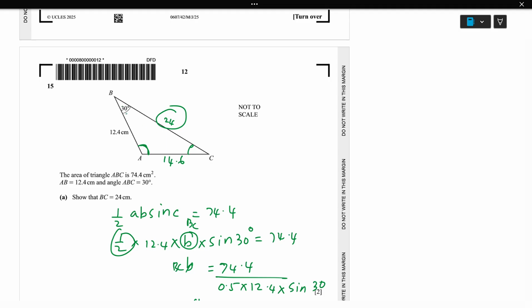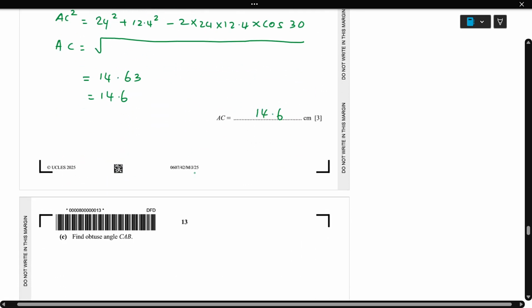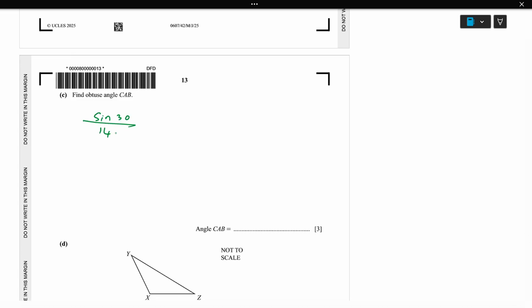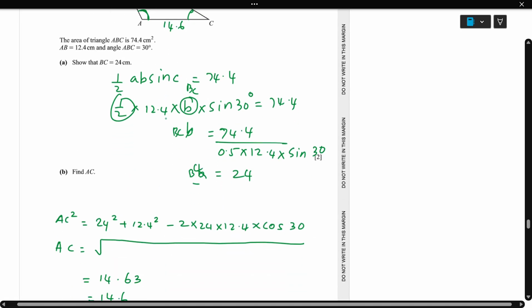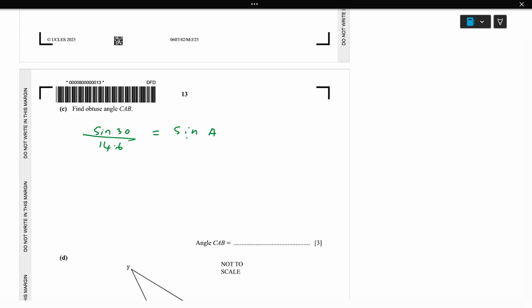So we have a pair, one angle and one side, so we can use the sine rule, which is sine 30 over 14.6 equal to sine A over 24.